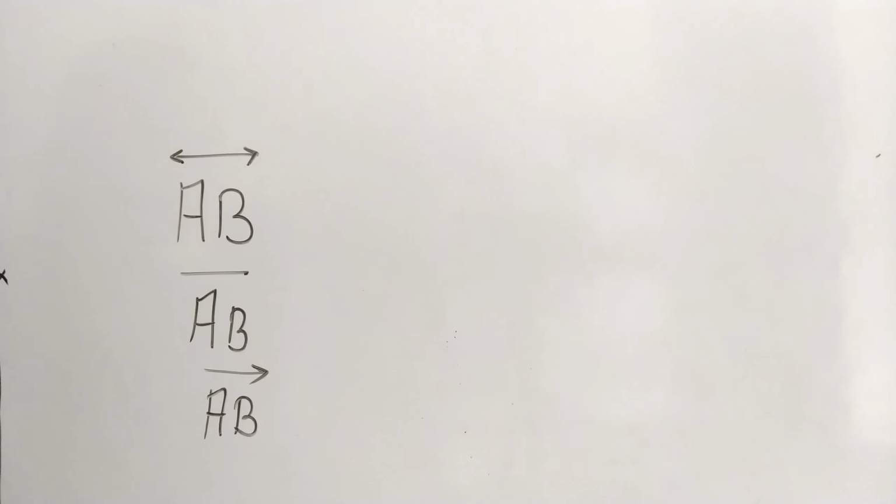In this way you can easily differentiate without writing any words or giving any explanation. With the help of these symbols you can easily identify which one is a ray, which one is a line segment and which one is your simple line.